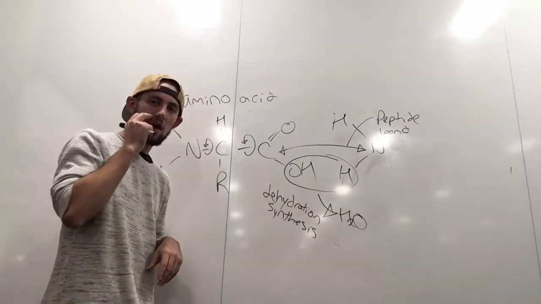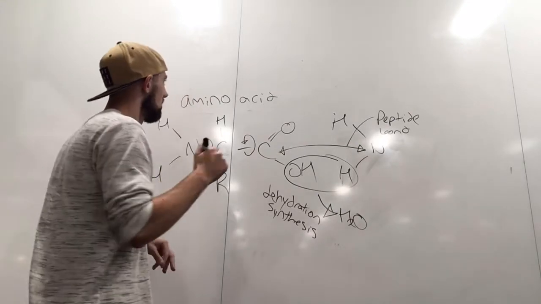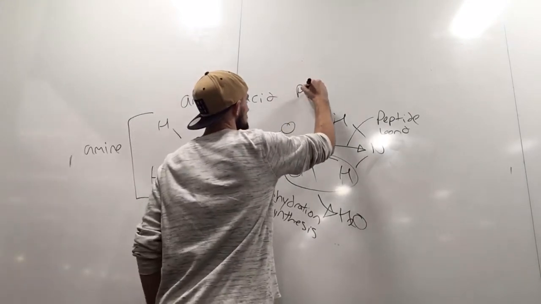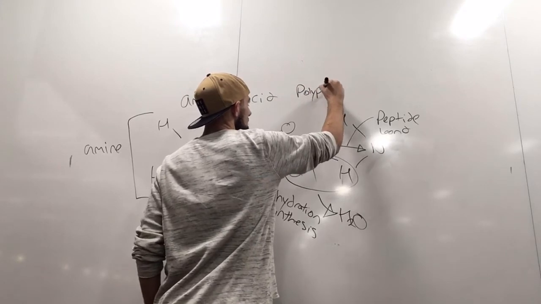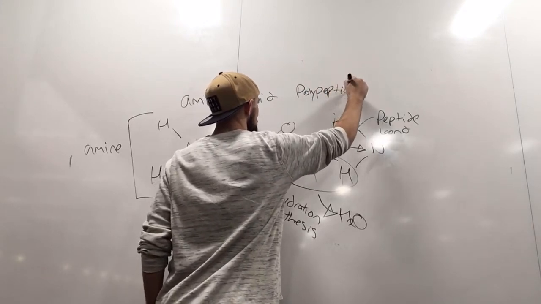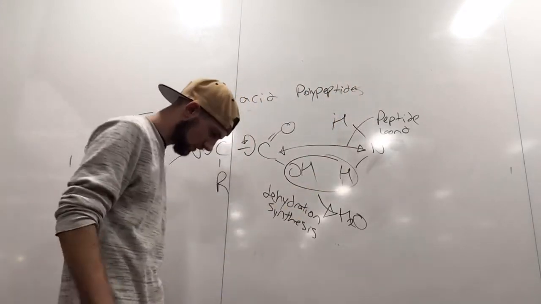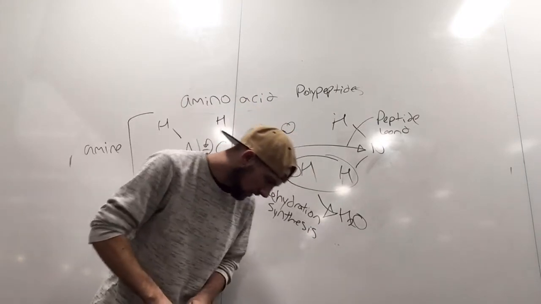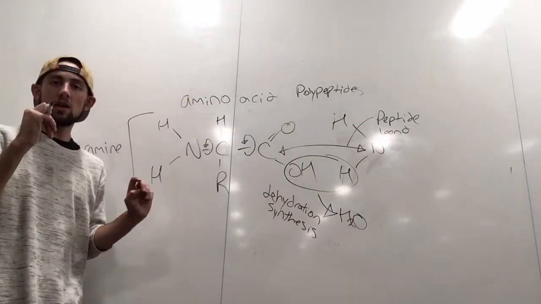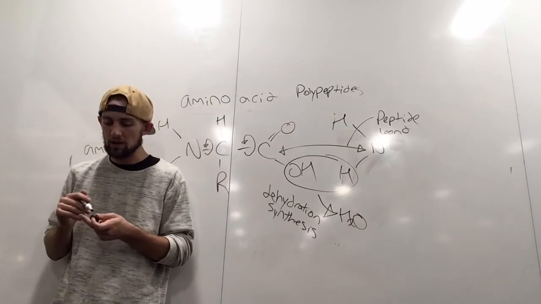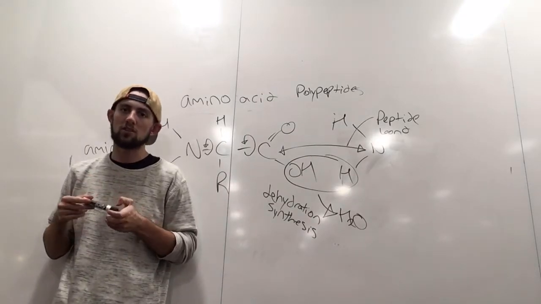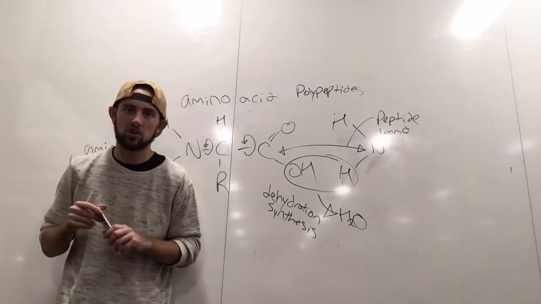Most proteins that perform functions are called polypeptides. Poly meaning many. So obviously more than one. But the same rules apply that we had for carbohydrates. So if you want to go back to the video and look at that, I'm just going to talk about it.